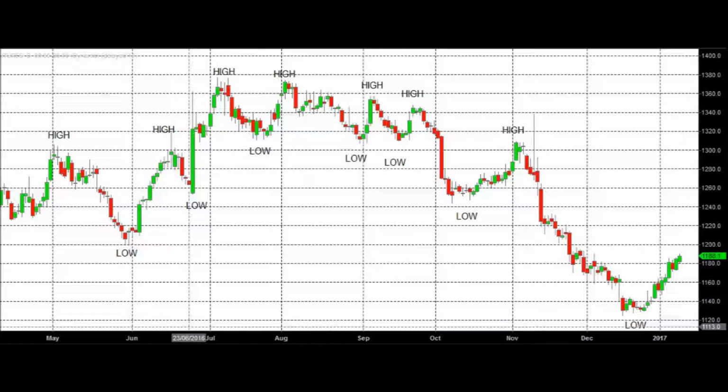So now we have a series of lower highs and lower lows, which tells us we are now in a downtrend. So we identify the trend first of all, and if we're in an uptrend, we're only going to go long gold, and if we're in a downtrend, we're only going to go short gold.